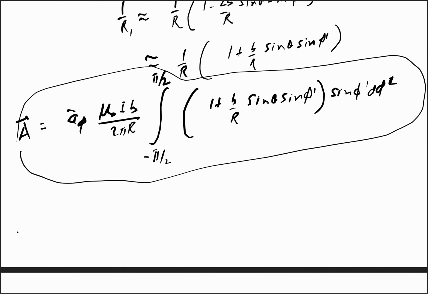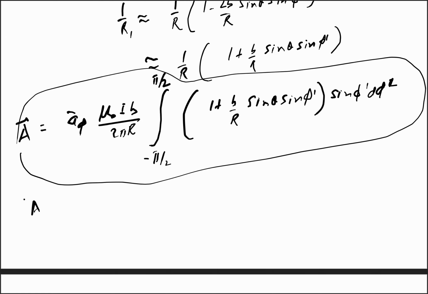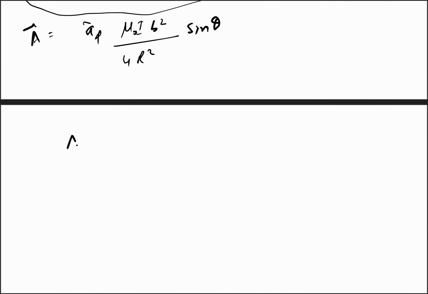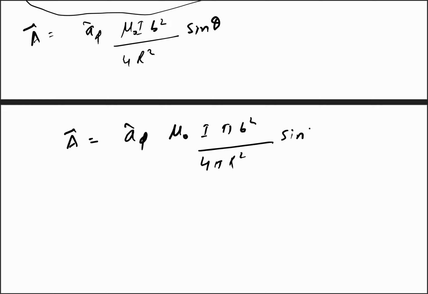On solving, we will find that a is equal to a phi mu naught I b square over 4 r square sine theta, or we can further resolve it. A is equal to a phi mu naught I pi b square over 4 pi r square sine theta.